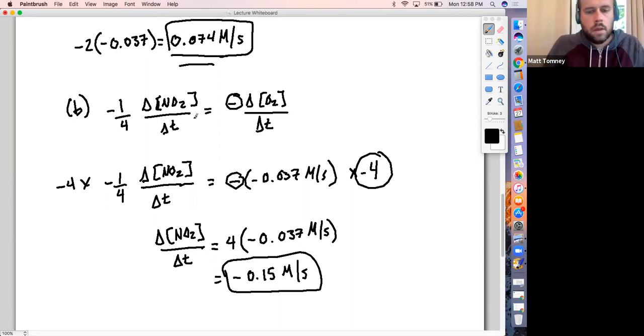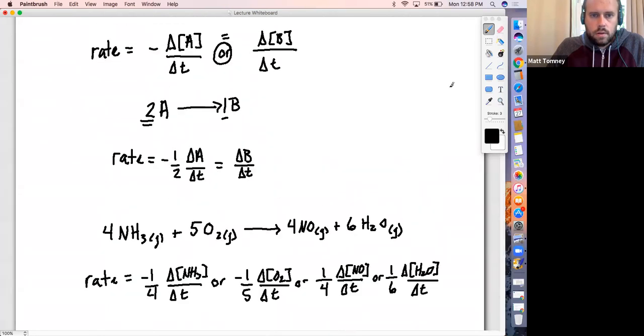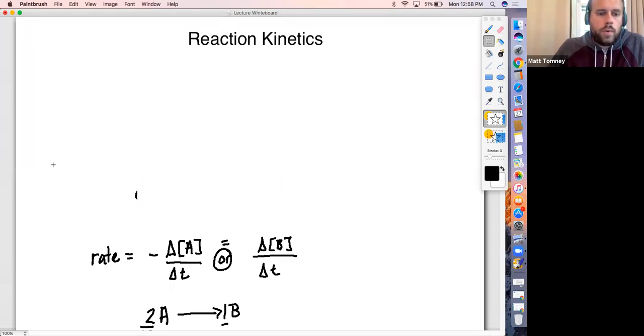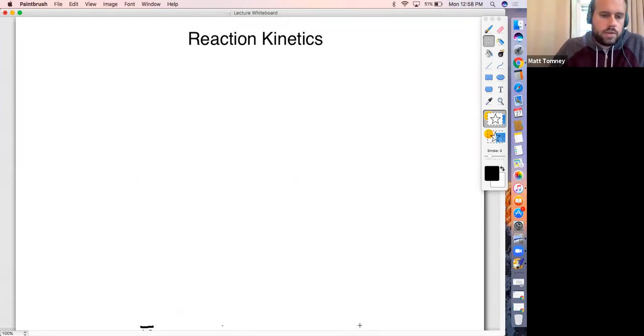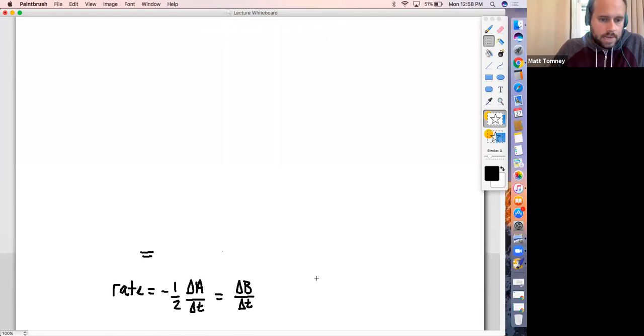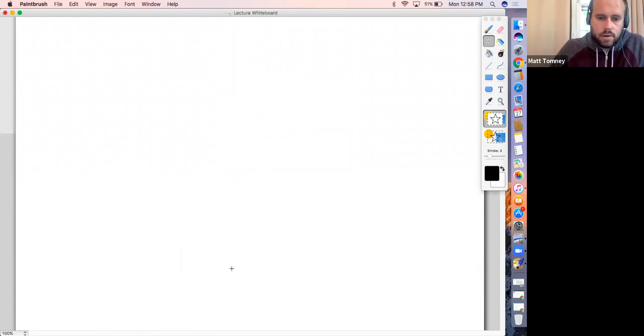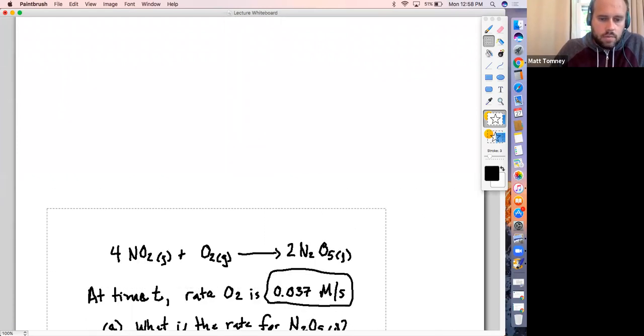All right. So what I will go ahead and do then is I will delete the first portion up here, and we will get ready to move on to the next part of kinetics. So what we just went through is what's known as rate of reaction. So that's material for calculating the rate of reactions for any given piece of material, reactant or product that you might have.